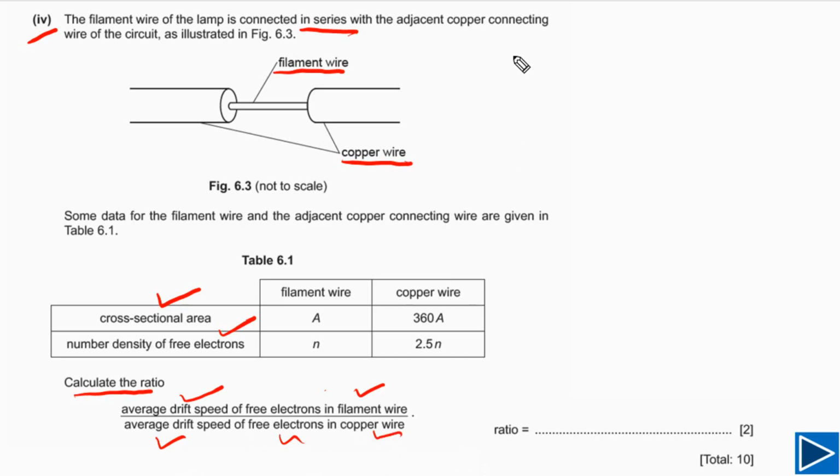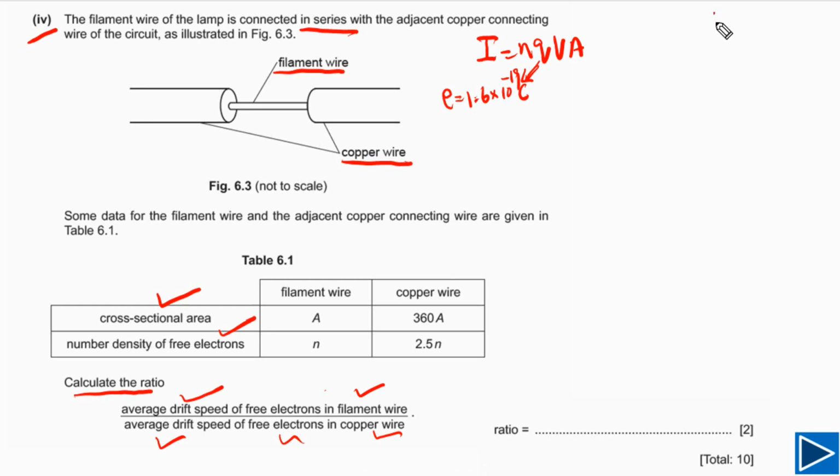This is a typical question on the transport equation, and this is our transport equation, meaning I is equal to nqvA. We need to understand what Q is here. Q is the charge on a single electron, and its value is constant. This is 1.6 times 10 to the negative 19 coulombs.